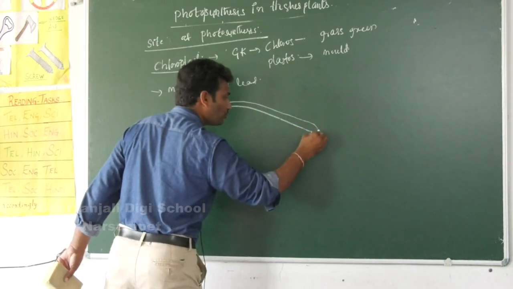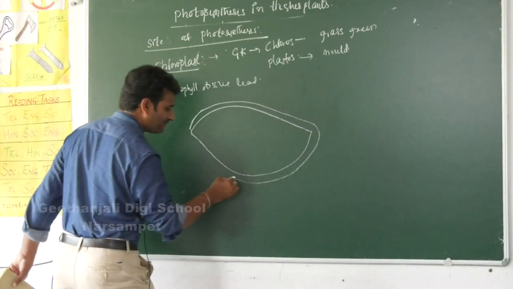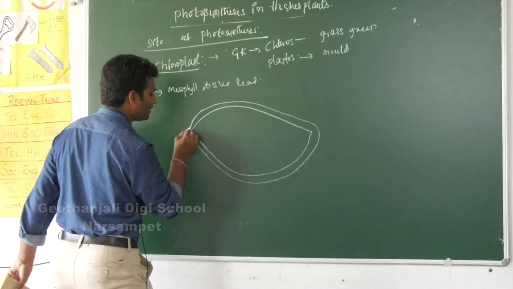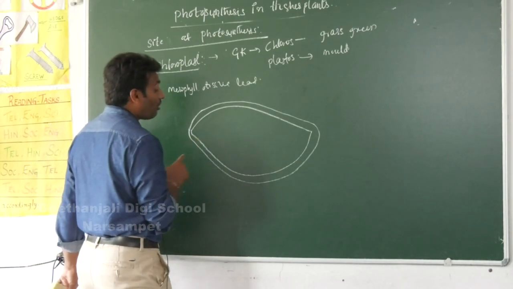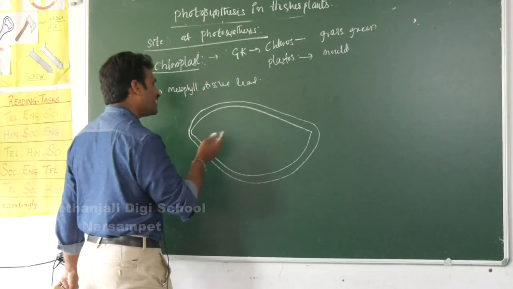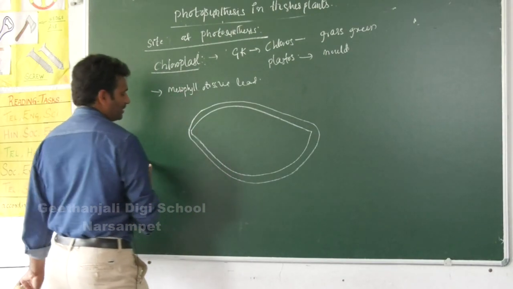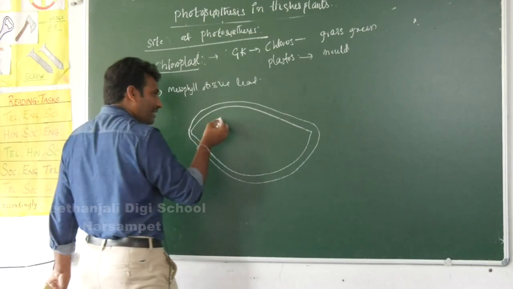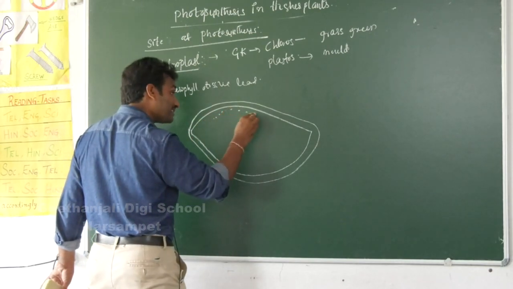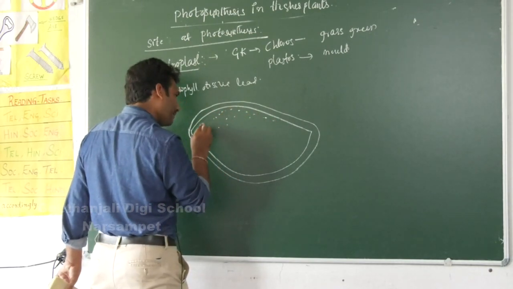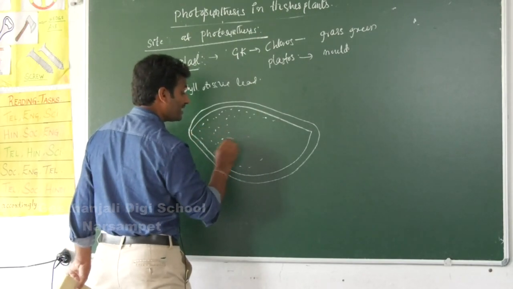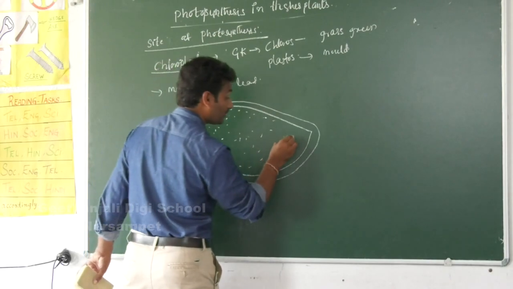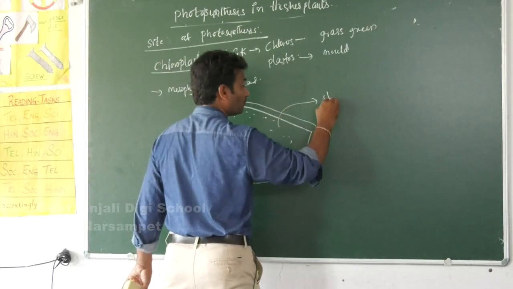The outer two layers form an envelope, known as the chloroplast envelope, through which carbon dioxide and water diffusion will occur. Inside the chloroplast there is a fluid-like structure, which is known as stroma.